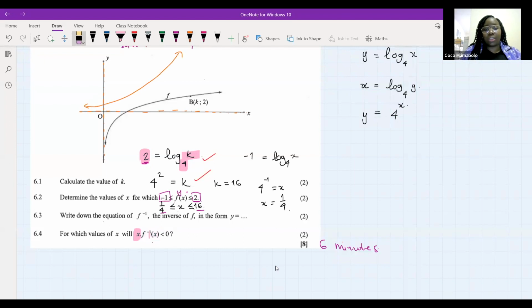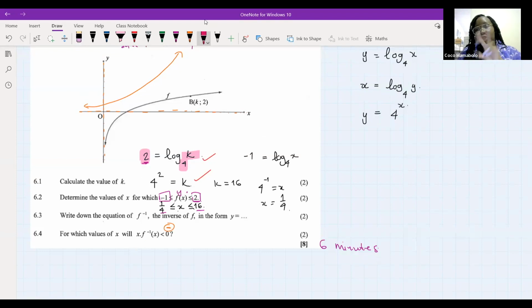Now, they want us to look at all the values for x multiplied by the inverse that are going to give us less than 0. Now, this multiply, I know it's really tiny, but we need to consider it. That multiply over there is very important. What they're actually telling us when they say that this thing needs to be less than 0 is they want us to find a product that is going to give us minus. What this means is, if I have to multiply these two functions, they must give me a minus.